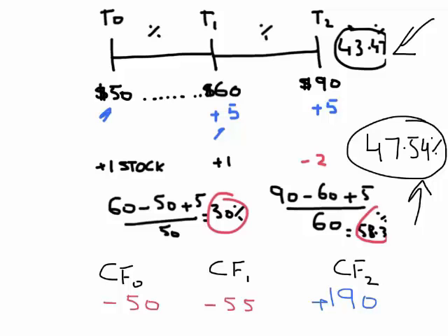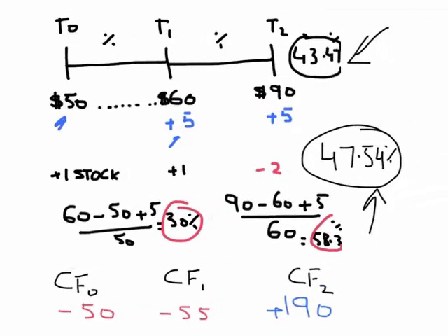First of all, let's make sure that we know that this is called TWR and this is called MWR. There's a good chance that in the exam you will have to calculate these numbers.